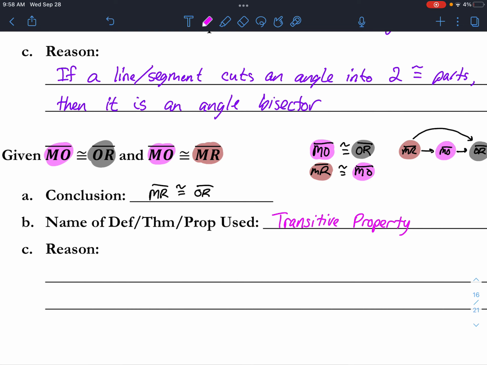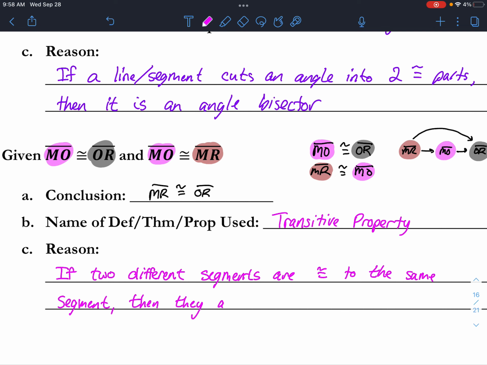I can actually write this reasoning out. If two different segments are congruent to the same segment, comma, then they are also congruent to each other.